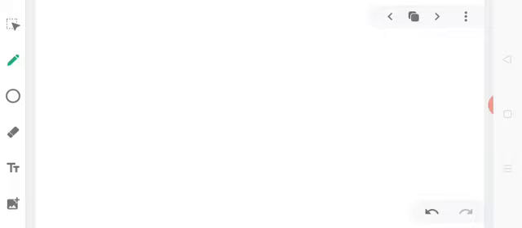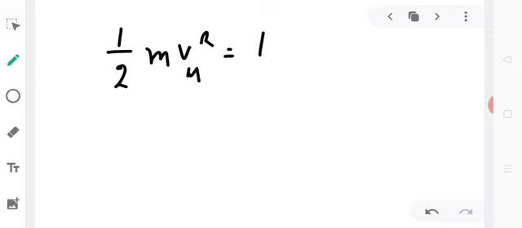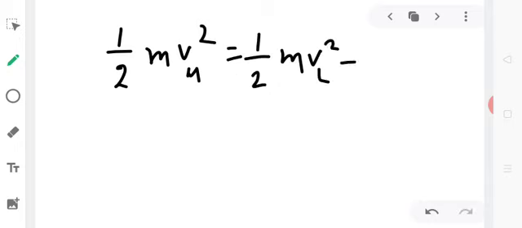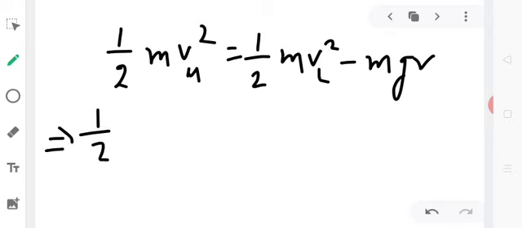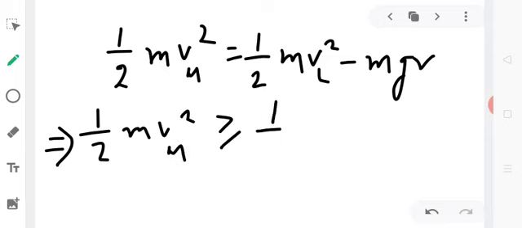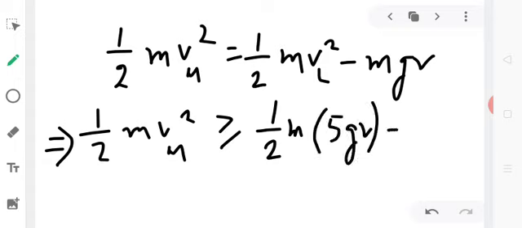So we can write down half m Vm square to be equal to half m VL square minus mgr. So using the previously obtained values, we can write half m Vm square to be greater than or equal to half m times... We already know that VL is greater than or equal to root over 5gr, so instead of writing VL square, we can write simply 5gr minus mgr.